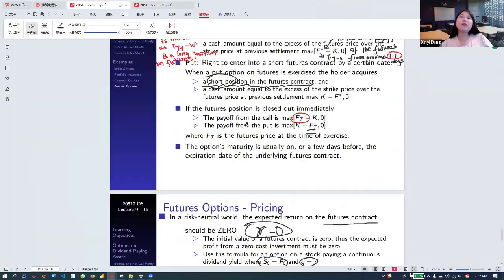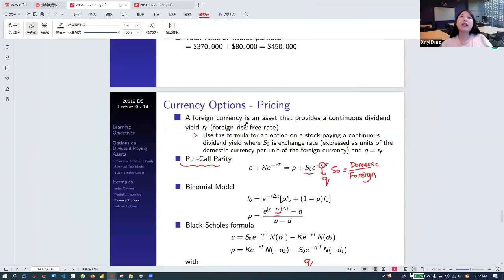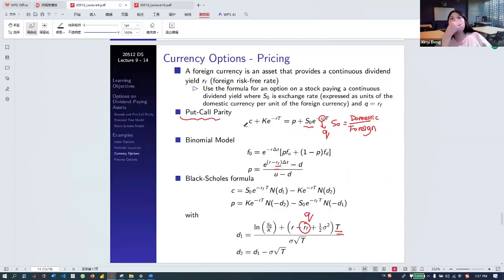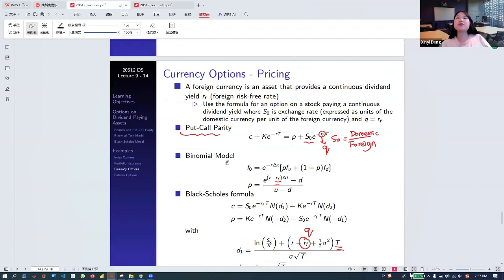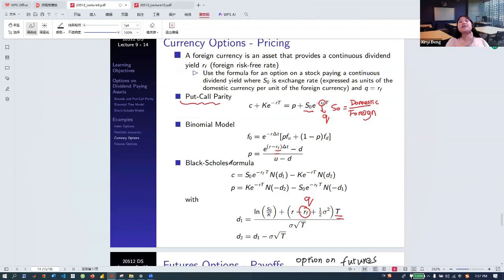Before I go to the final page, let me still discuss a little bit about the currency options and index options to refresh your memory. For currency options, all those formulas are also an application of the general formula we derived, where I'm highlighting.